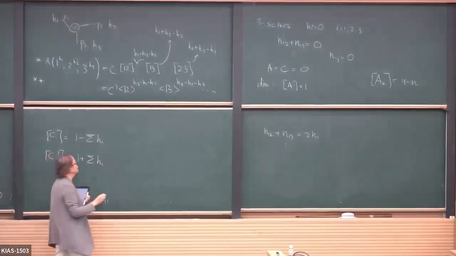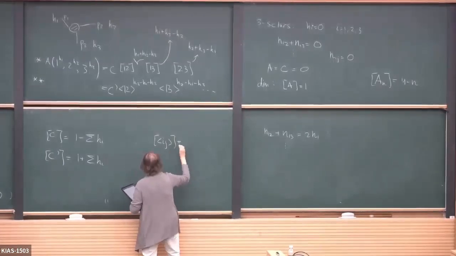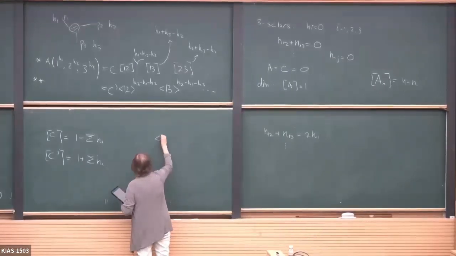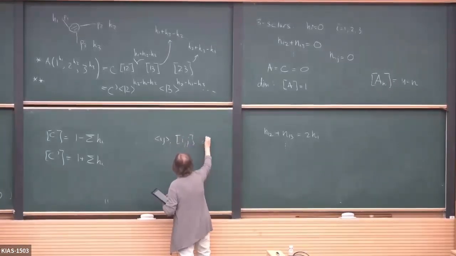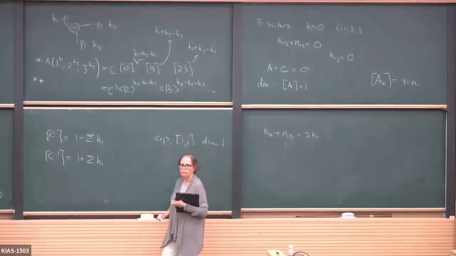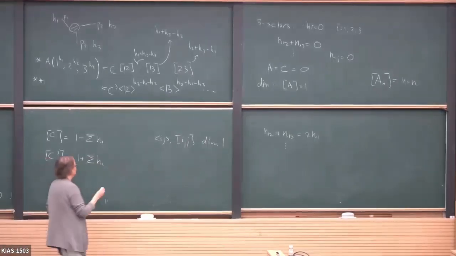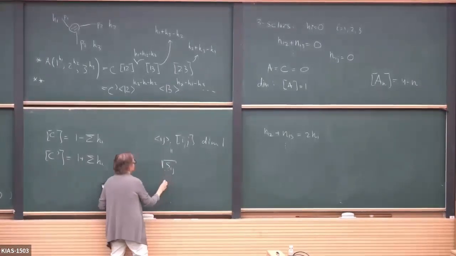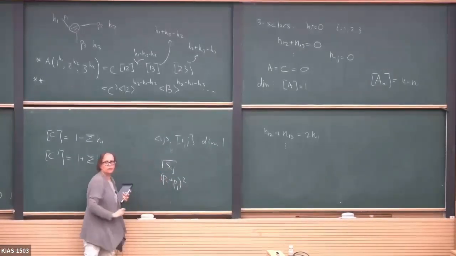And one thing that I used here is that the angle and square brackets ij each have dimension 1. Because remember, their product is equal to Sij, or we said that their absolute value is equal to the square root of Sij, and Sij is (Pi plus Pj) squared. So the square root is dimension 1.